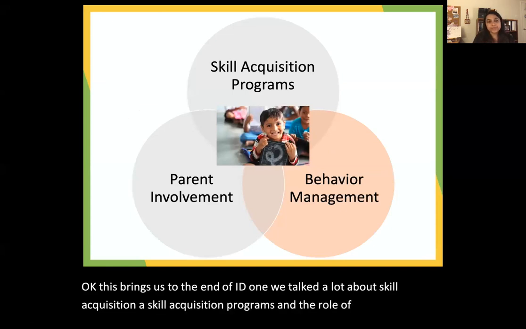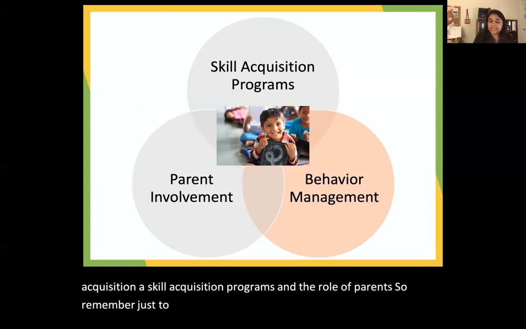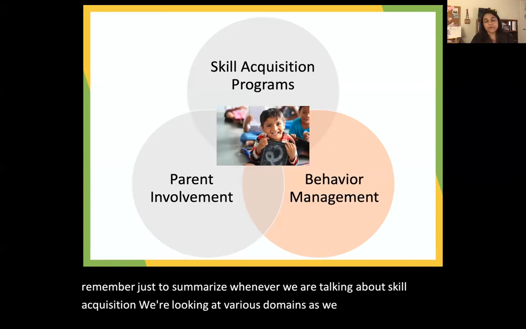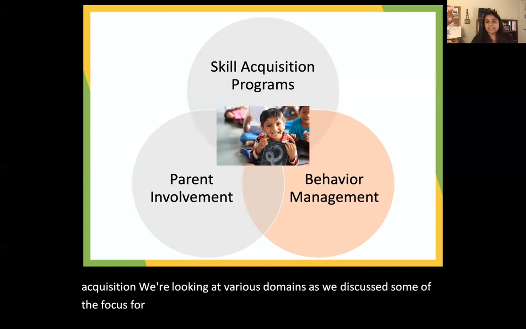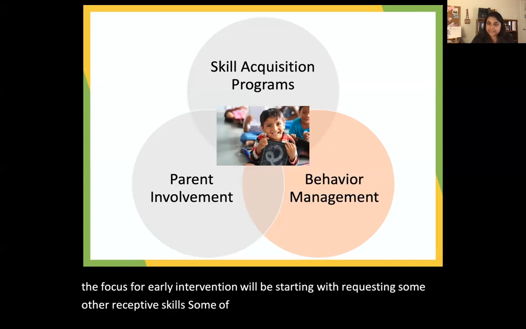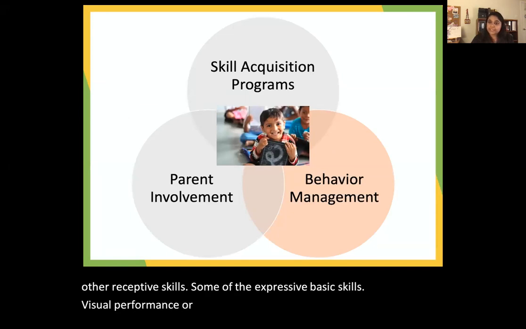So remember, just to summarize, whenever we are talking about skill acquisition, we are looking at various domains as we discussed. Some of the focus for early intervention will be starting with requesting, some of the receptive skills, some of the expressive basic skills, visual performance, so puzzles, matching, sorting, shape sorter, answering simple questions, labeling pictures in the environment, using short words, simple phrases.